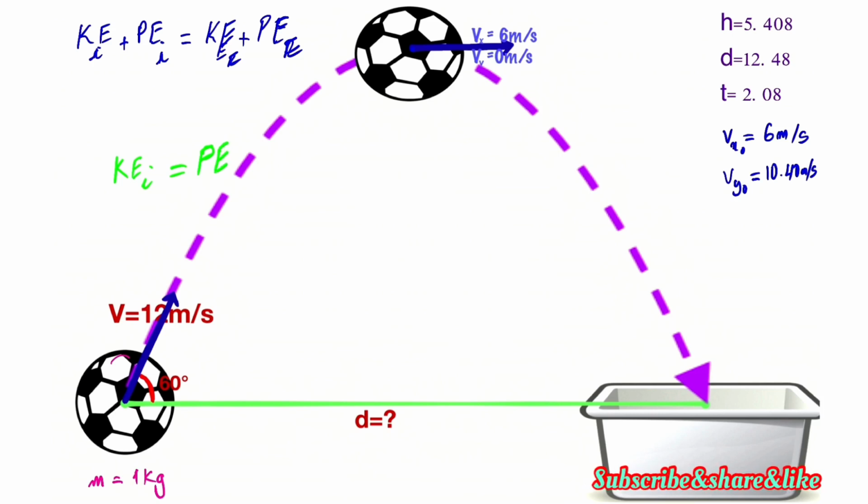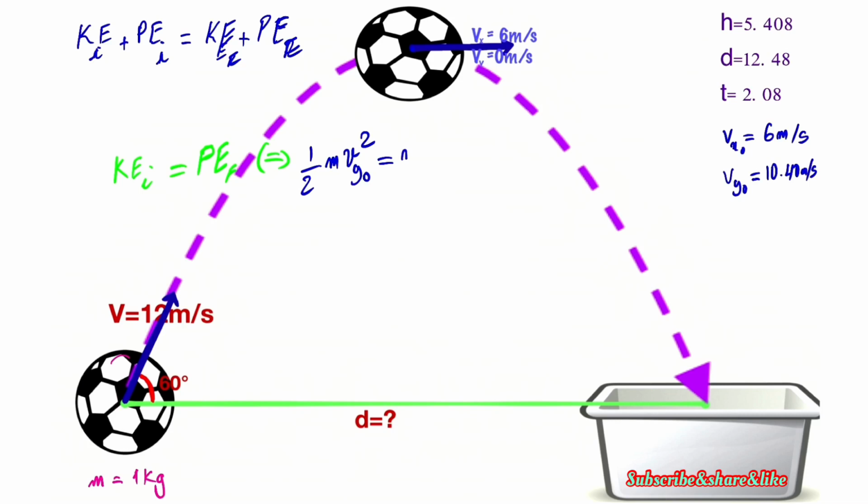Therefore, the kinetic energy is just 1 over 2 m v squared, with vy initial squared, which we calculated here as 10.40, and it is equal to the potential energy at that point, which is just the weight times the height. And what is the weight?